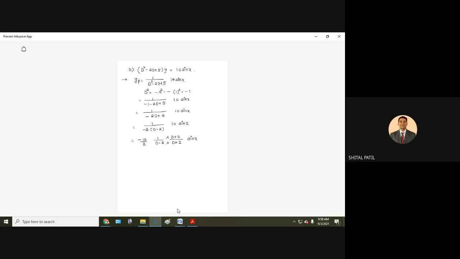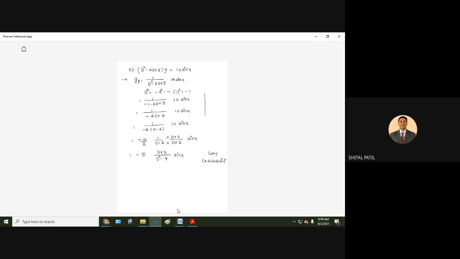So minus 5, D plus 2 in the denominator. Using a minus b, a plus b, what is a minus b, a plus b? a square minus b square. So it is D square minus 4, isn't it?